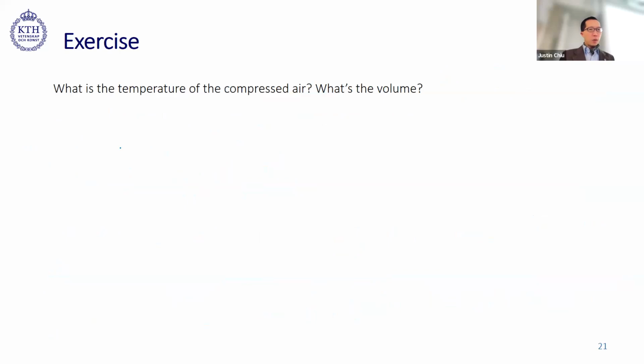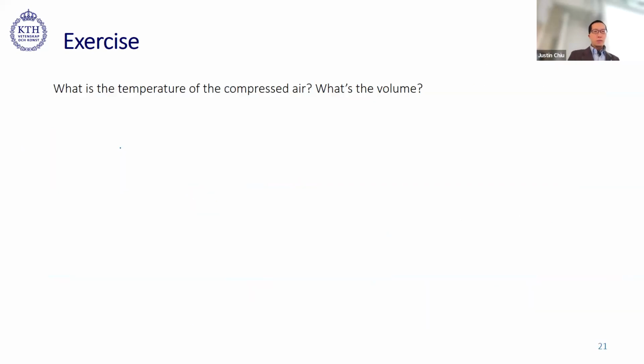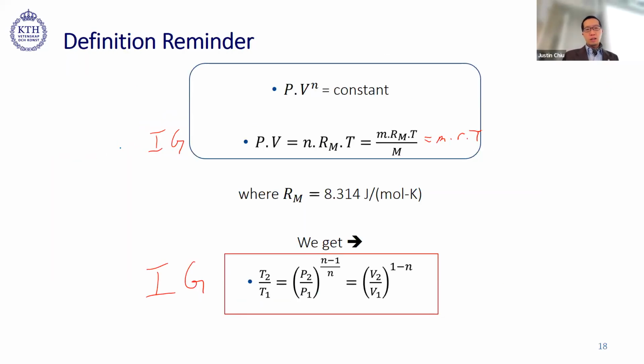And then let's continue. What is the temperature of this compressed air? And what is the volume? So earlier we know the energy, right? So we can now calculate the temperature of the compressed air. And here we can go back to use this equation over here. Of course, you can use the ideal gas equation, number 2 there. But in this example, I mean, they would give you the same results.